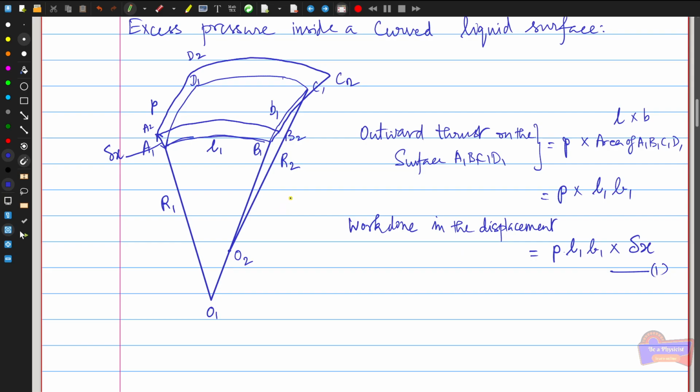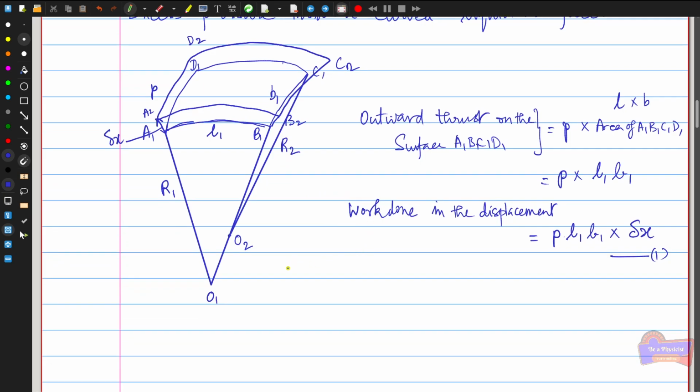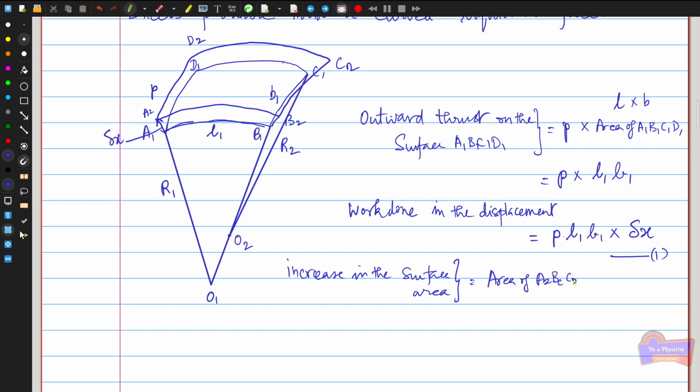Now we can easily find out the increase in the surface area, which is equal to the area of A2, B2, C2, D2 minus the area of A1, B1, C1, D1.